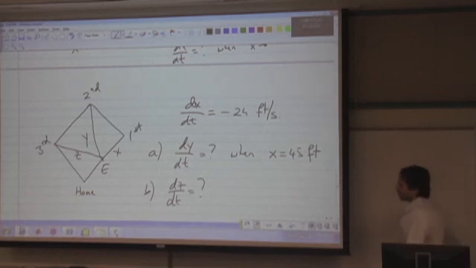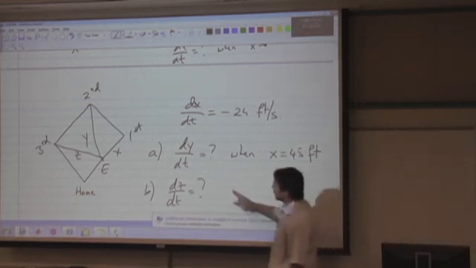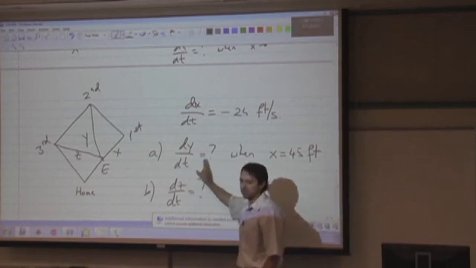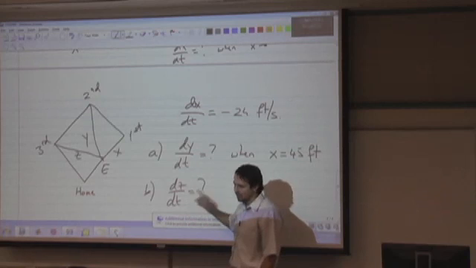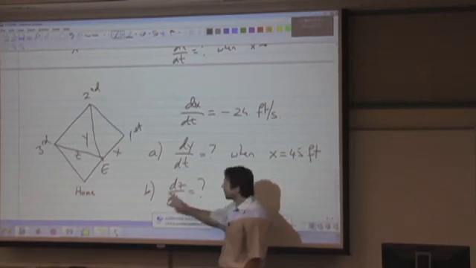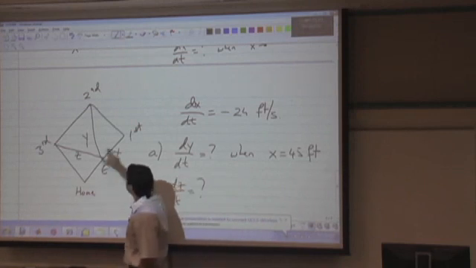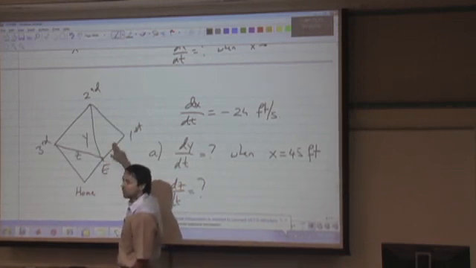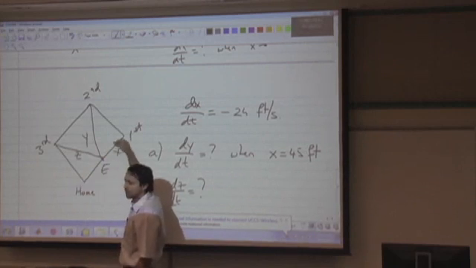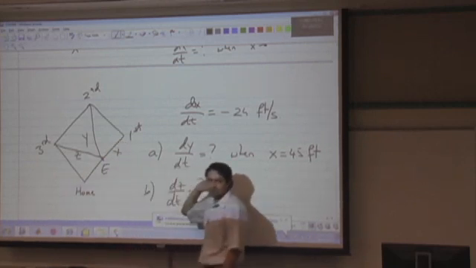And based on the nature of the problem, dy over dt should come out to be negative, and dz over dt should come out to be positive. Does that make sense? Because if you think about it, as x goes from home to first, y is going to get smaller and smaller, but z is going to get bigger and bigger. Right?